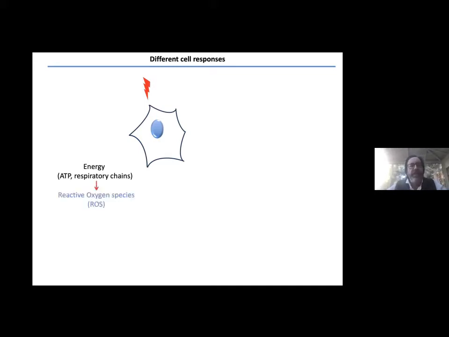And this energy is given by ATP, adenosine triphosphate, that is made by the respiratory chain, and the byproduct of the respiratory chain is reactive oxygen species. Reactive oxygen species can also cause mutations and genomic instability. But the ROS are not always deleterious. Mutagenesis and genetic instability can lead to aging and cancer.